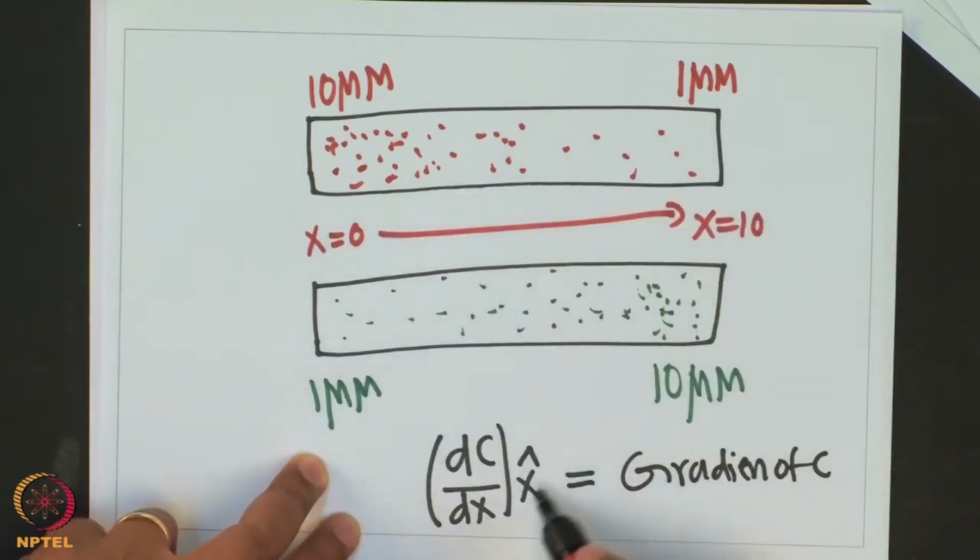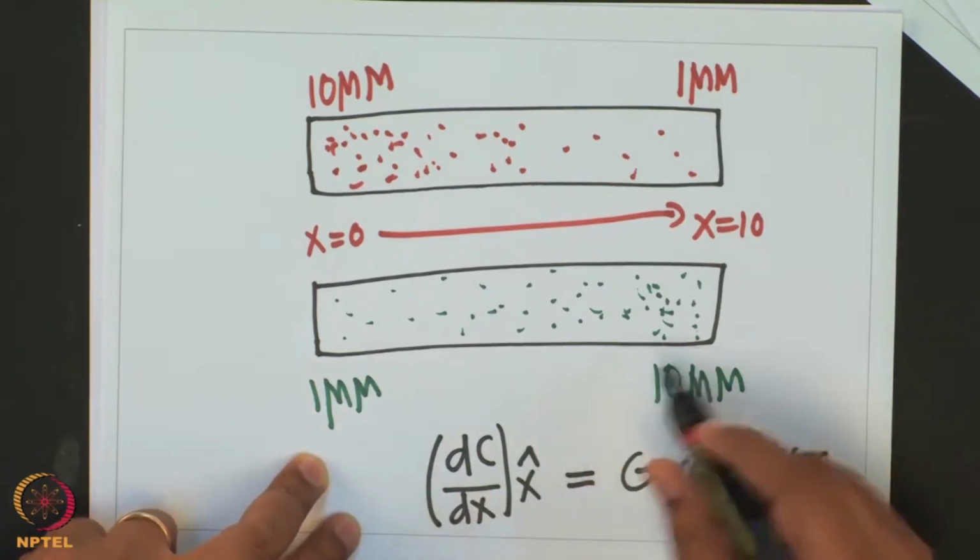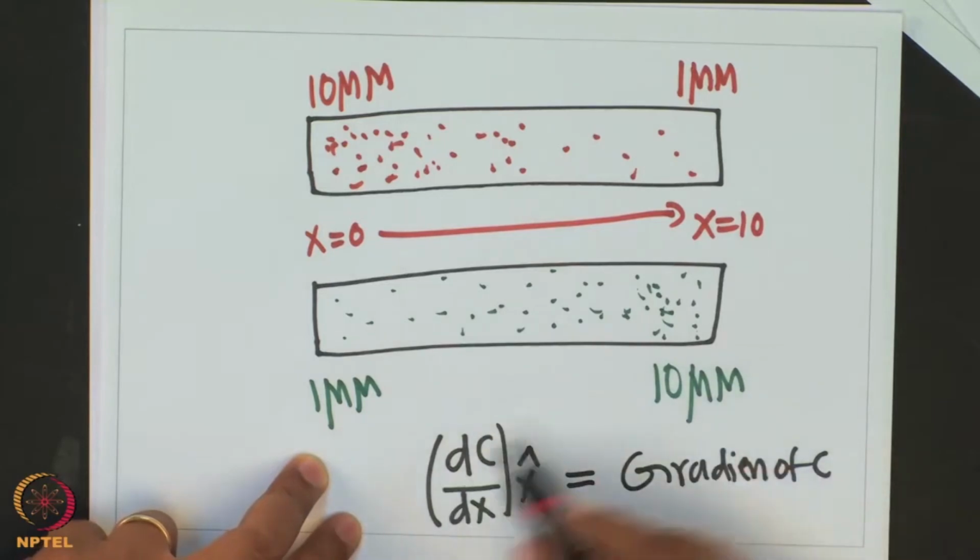Therefore del c by del x x cap would mean the gradient of c, and it has the direction along x cap, and it could be minus x cap or plus x cap depending on the sign. If I put a negative sign, it would have the opposite direction. To represent that it is changing along the x axis, I would use dc by dx x cap, and therefore this gradient is like a vector.